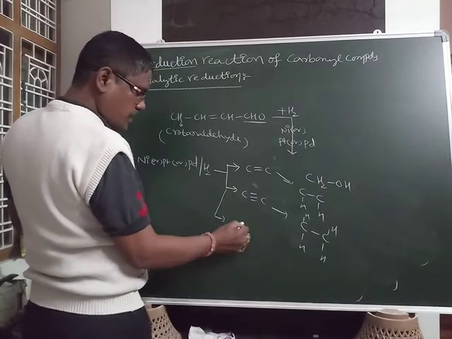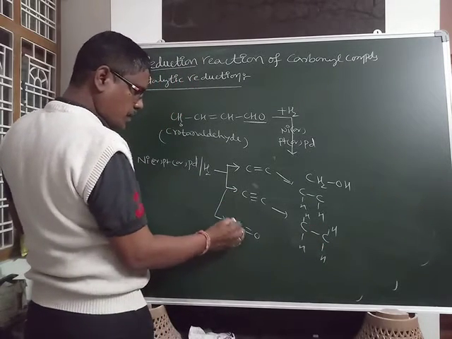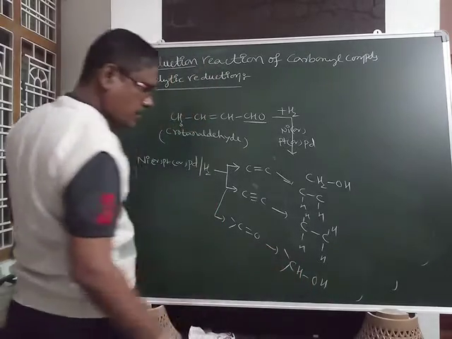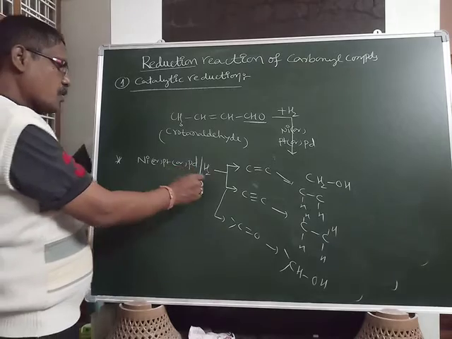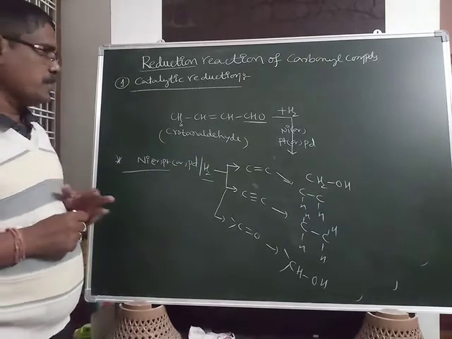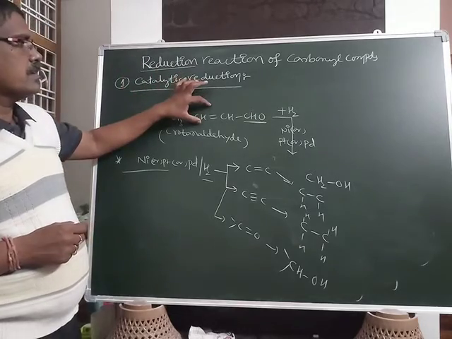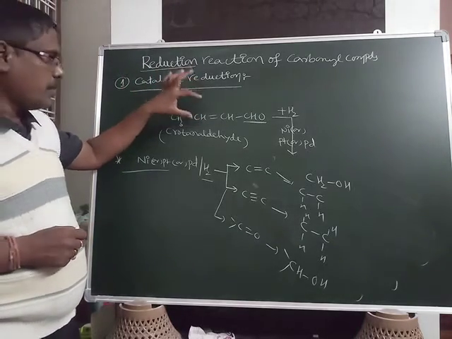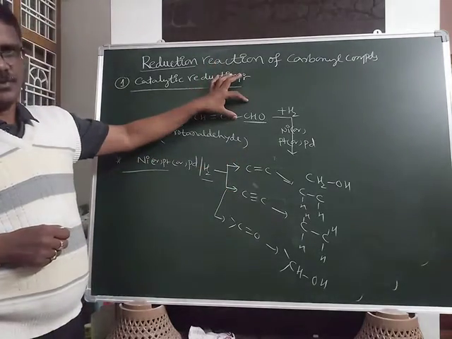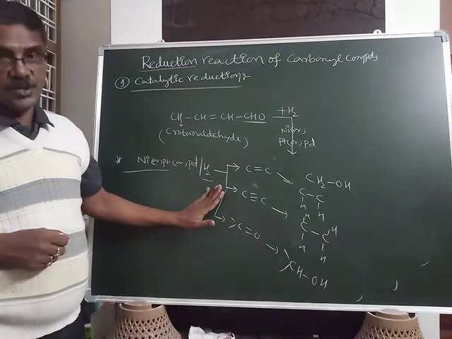And one more, the C double bond O group converts into the CHOH group. The action of hydrogen in the presence of nickel or platinum or palladium can reduce the double bonded carbons, triple bonded carbons and carbonyl group. This is very, very important information.